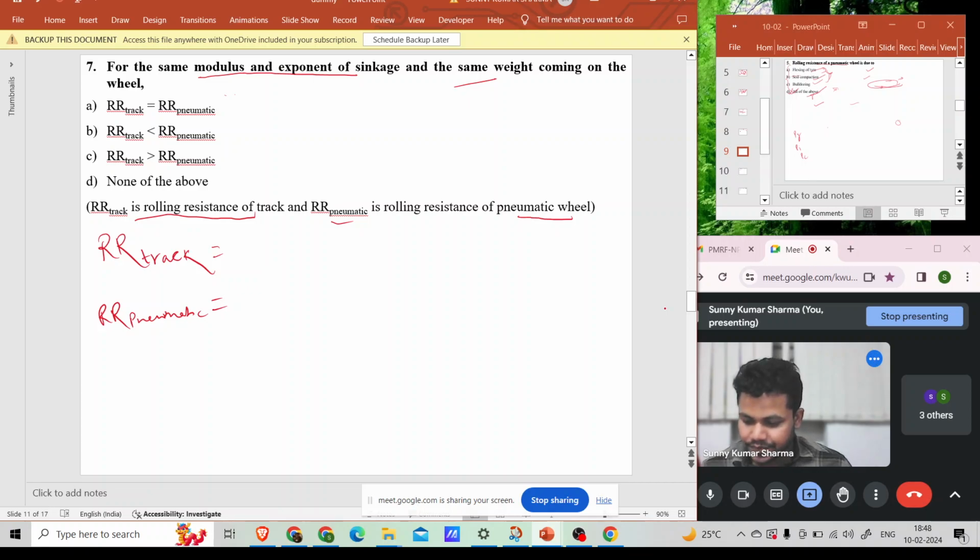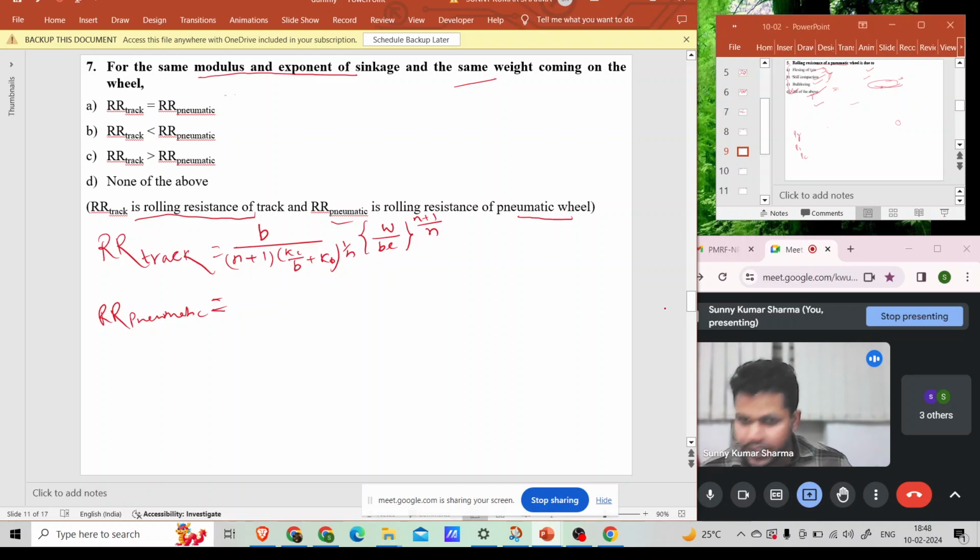In the case of the track, if you derive the equation, you will confirm that the rolling resistance of the track is proportional to W by (n plus 1), with Kc by b plus Kphi raised to 1 by (n plus 1), and so on. You do not really need to remember these equations.